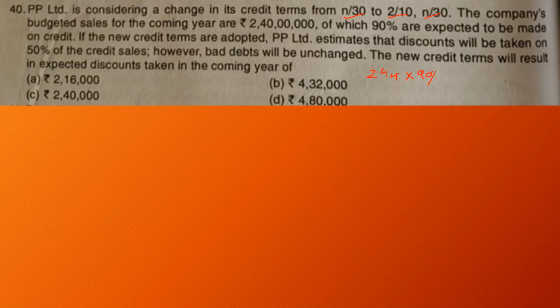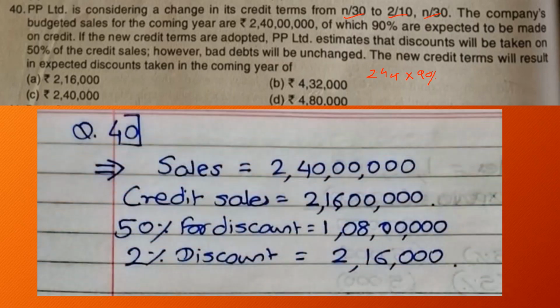The solution will be: sales 2 crore 40 lakhs, credit sales at 90% comes to 2 crore 16 lakhs. Then the discount is applicable only on 50%. So 50% of credit sales is 1 crore 8 lakhs, and then 2% discount on 1 crore 8 lakhs is 2,16,000. So the option is option A. We'll see the next question.